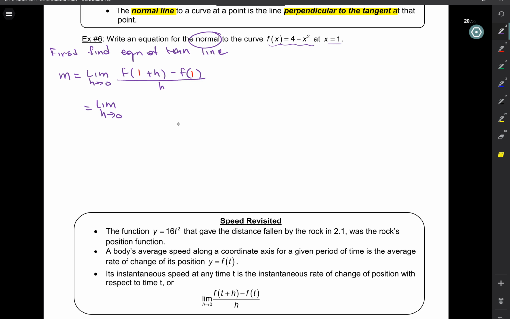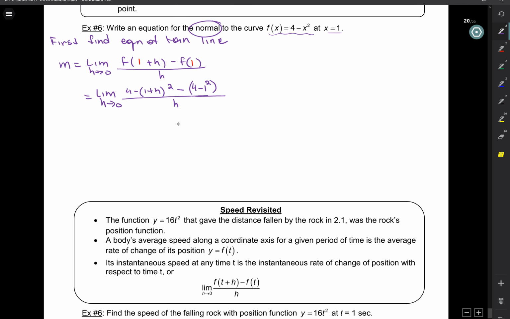Right. So here, this is going to be f of 1 plus h. It's going to be 4 minus 1 plus h squared, minus f of 1, which is 4 minus 1 squared, all over h. So this is the limit as h approaches 0 of 4 minus 1 minus 2h minus h squared.